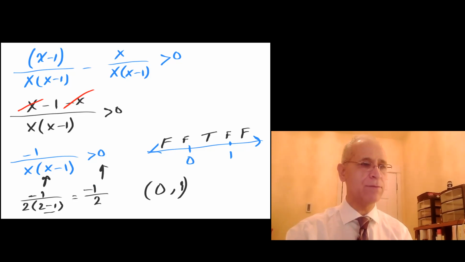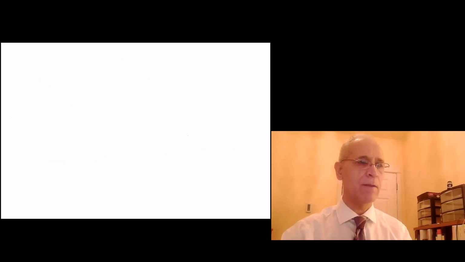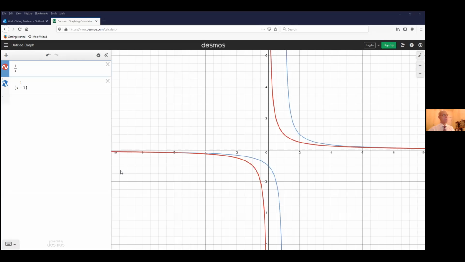So now let's look at the graph together. If I go to share screen, let me go to here. Oh, cool, I have it. So notice that the red color is the graph of f, and the blue color is the graph of g.